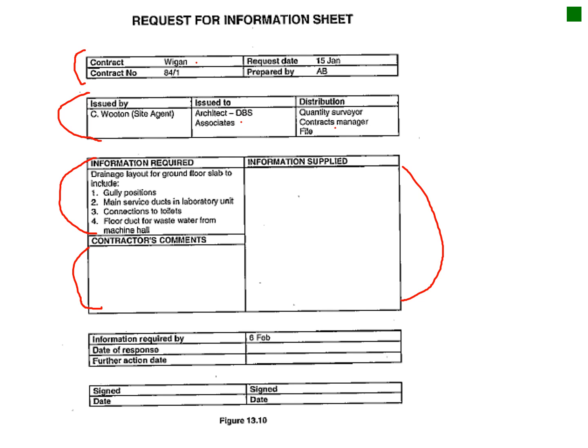And then the information is required by a certain date, the response, when it's received, further action needed, and then just signatures. This is a very basic form that has a lot of value, especially if you're getting onto your site and you need to put in claims. This really does assist in easing the claims and not delaying them.